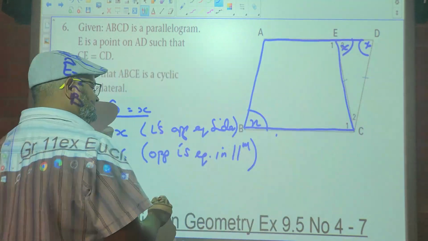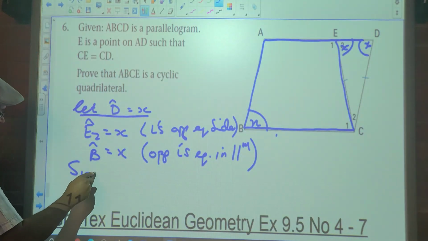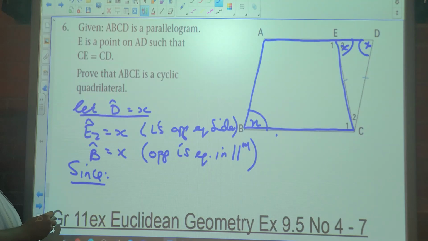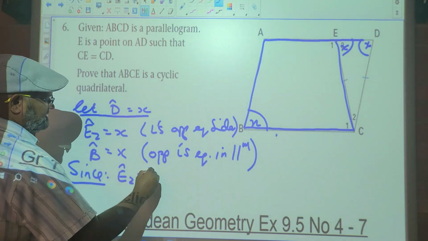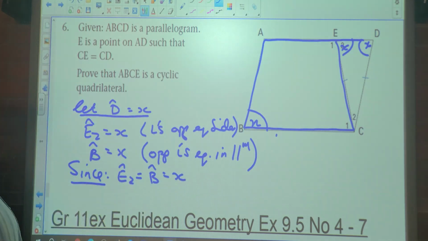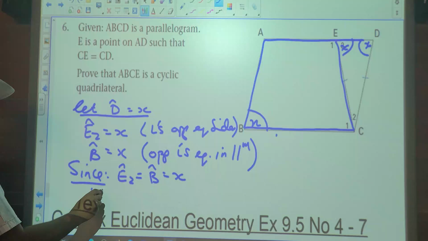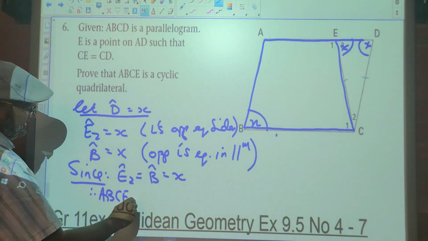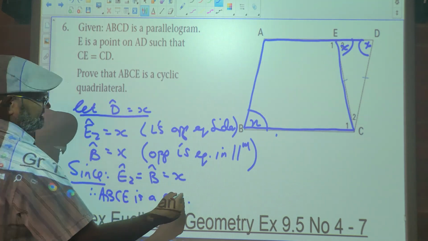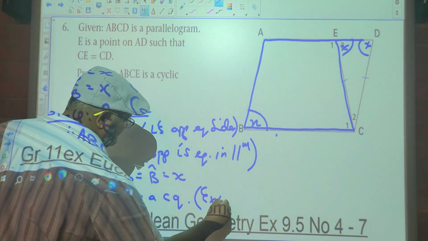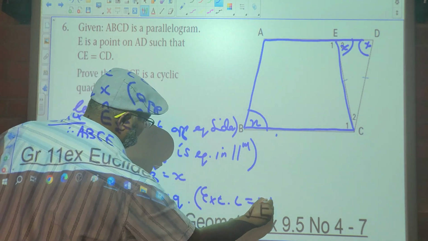So what do I write? Since angle E2, we state the obvious. E2 is equal to B is equal to x. Therefore, now we answer the question. ABCE is a cyclic quad. Why? Exterior angle equals the interior opposite.